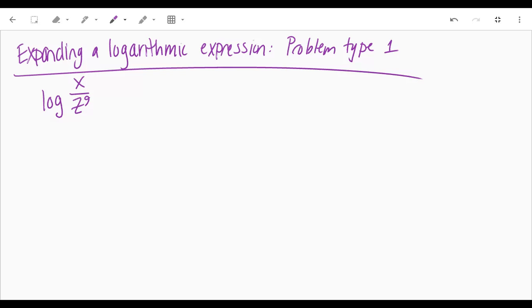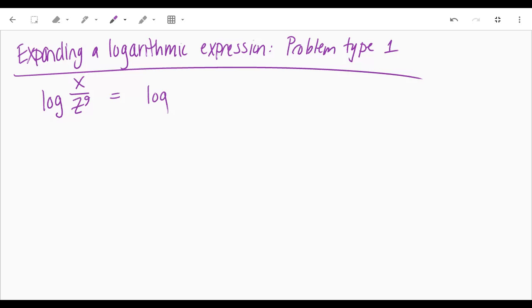We are supposed to do what's called expanding this. The goal here, and they write it out for you too, is each logarithm should involve only one variable and should not have any exponents. It also says that you can assume that all variables are positive. So you have to think about what we could do first here. We have a numerator and a denominator, so we want to split those up.